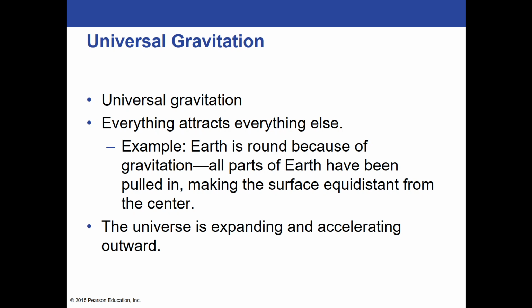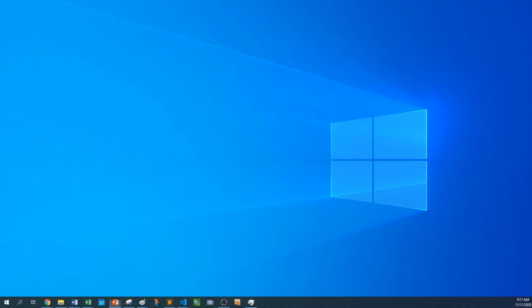That's actually dark energy. There's a reason why it's continually accelerating, but we're not going to get into that. We're going to be looking at universal gravitation. So let's do some examples.